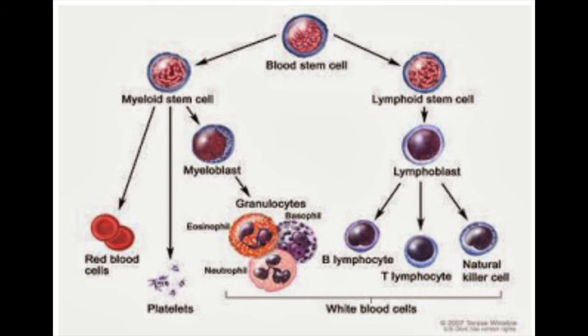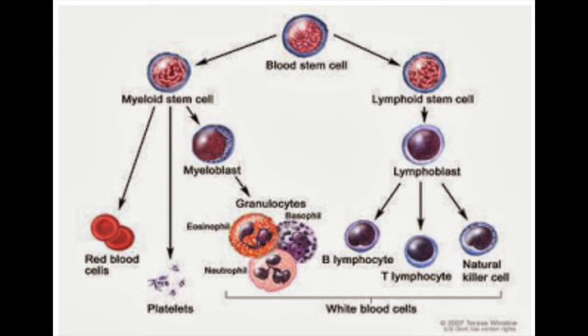So as we can see here, the three types of lymphocytes, the B lymphocyte, T lymphocytes, and NK cells, originate from hematopoietic stem cells, which can either become a myeloid stem cell or a lymphoid stem cell. When the myeloid stem cell diverges, it can become red blood cells and also various types of granulocytes, such as eosinophils, basophils, and also platelets.